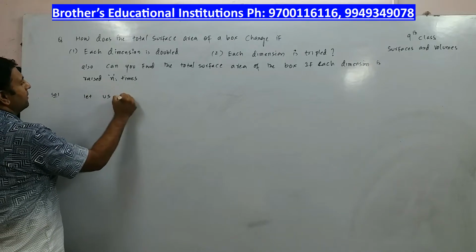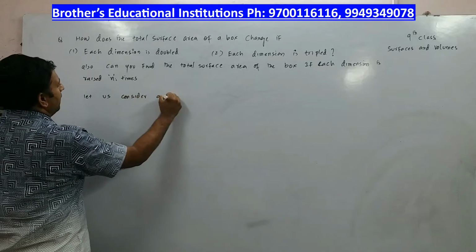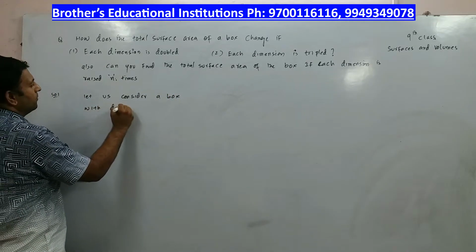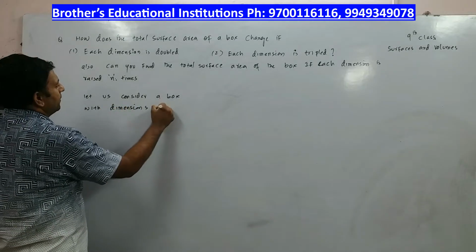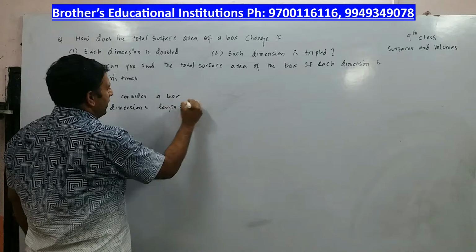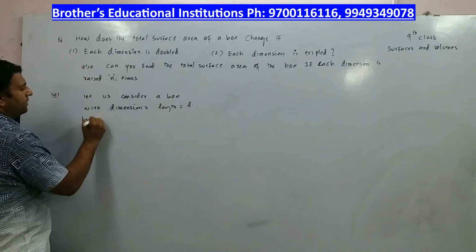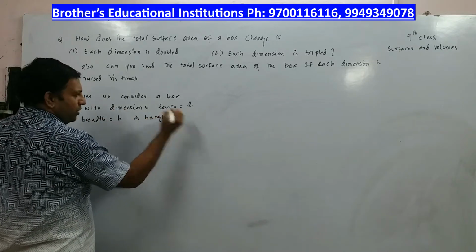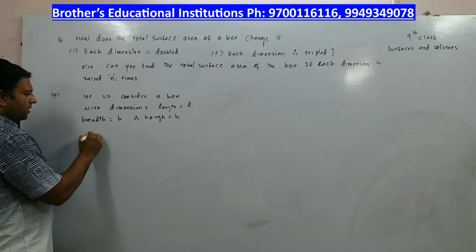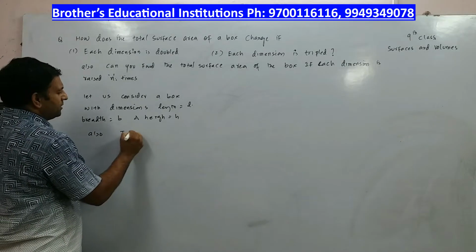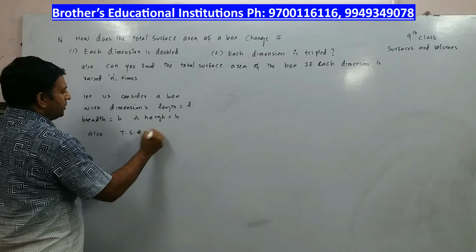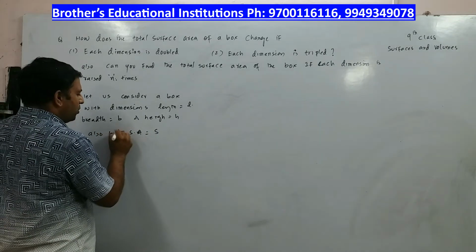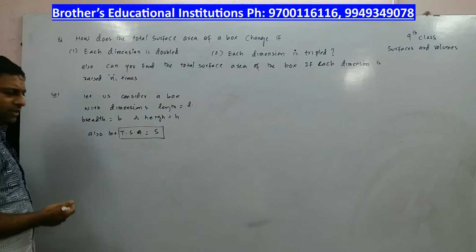a box with dimensions: length is equal to L, breadth is equal to B, and height is equal to H. Also, let the total surface area be S. Now, how do you obtain the total surface area formula?